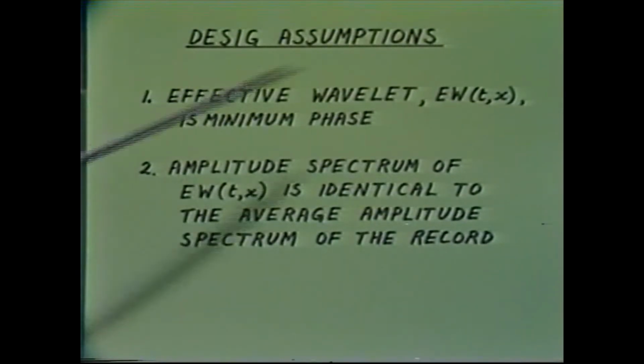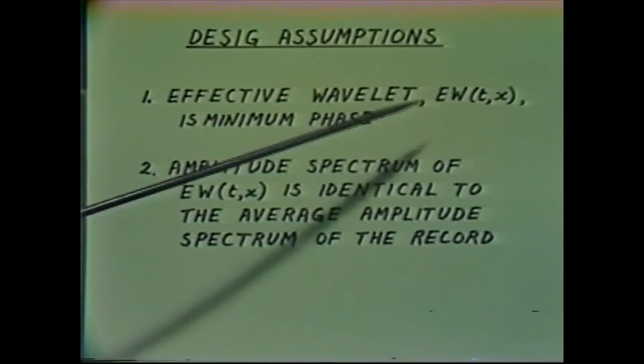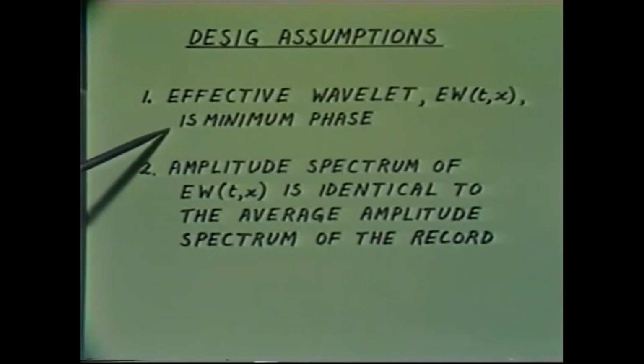The other components of the effective wavelet, the reverberations, instrument effects, and ghosts, are all minimum phase wavelets. So the total effective wavelet can be assumed to be minimum phase.